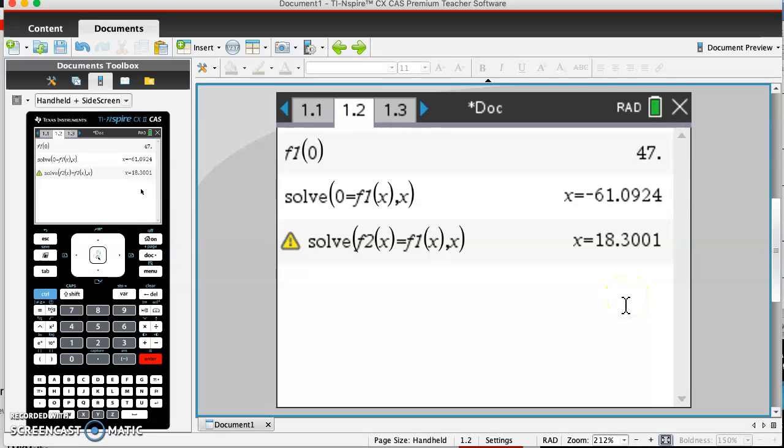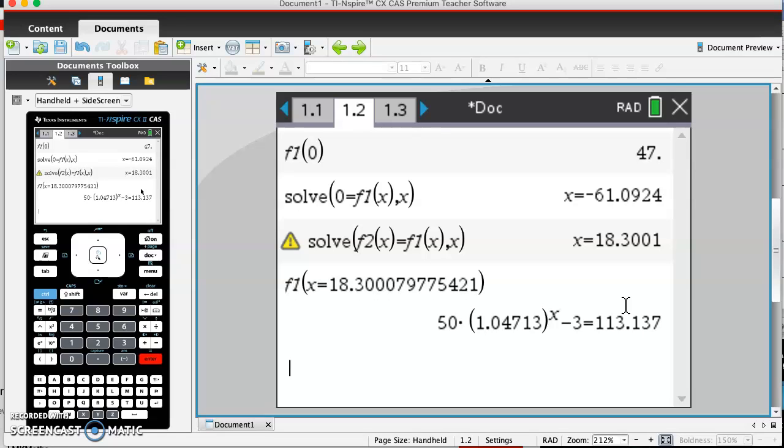If I wanted to figure out what the y value was, what the function's value was at that point, then I can just simply say function number 1, then I hit my up arrow. You'll notice it not only gives me the 4 decimal places, it gives me even more. And I press enter.